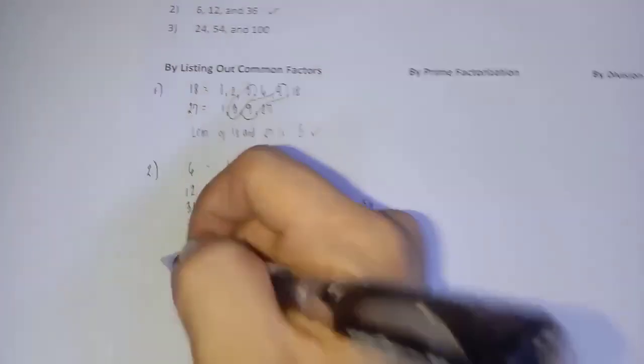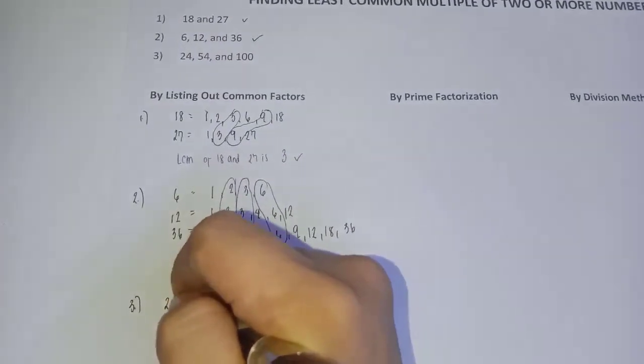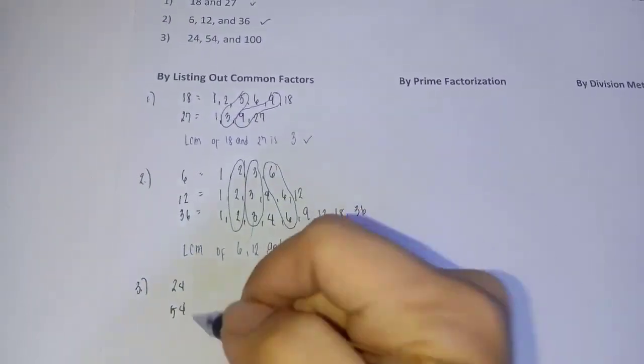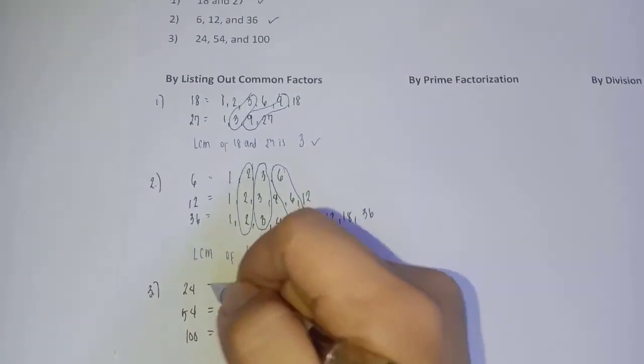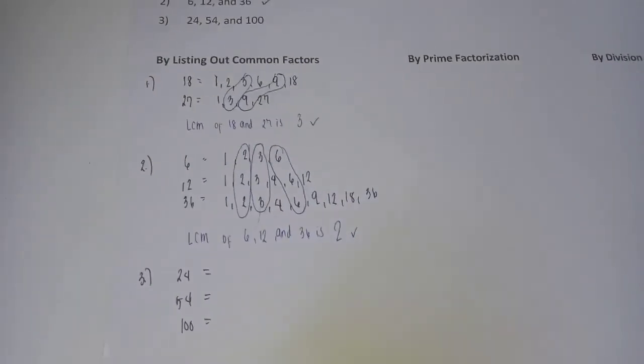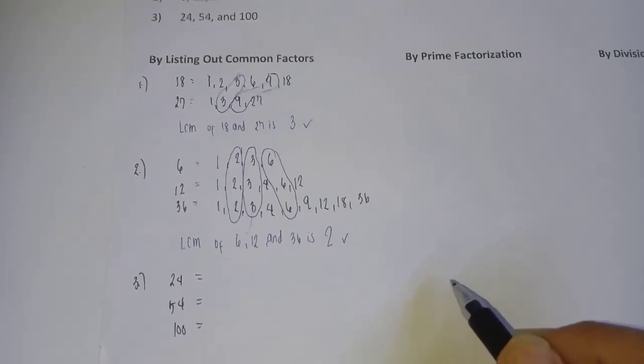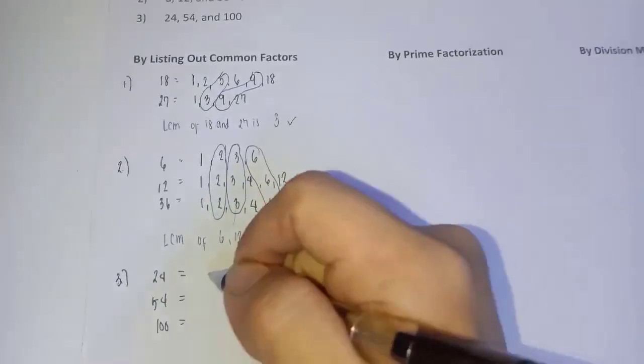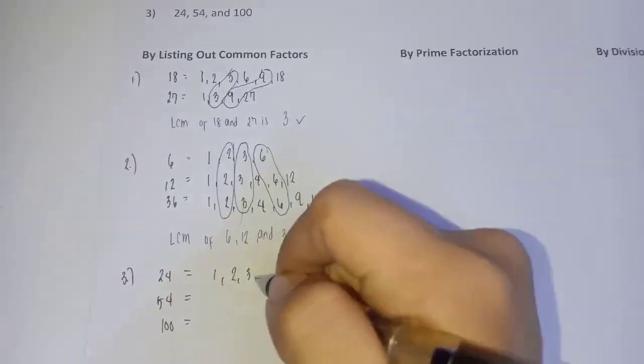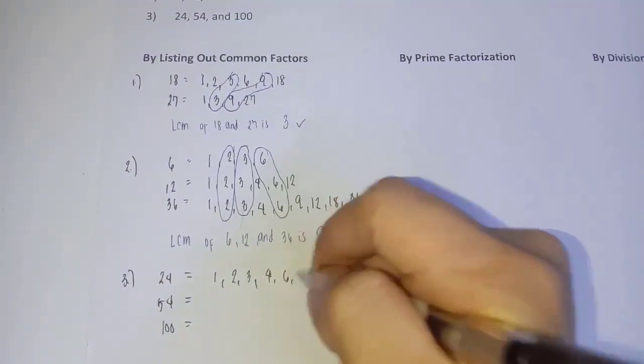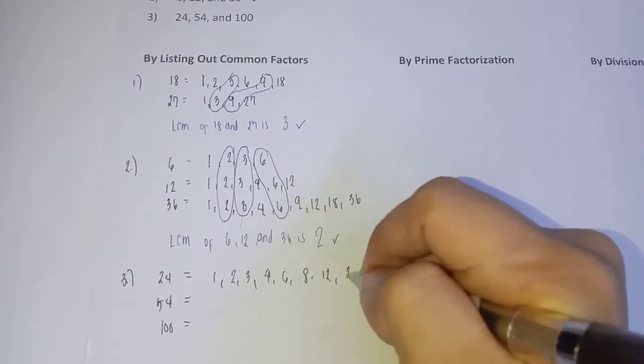For the last item, we have 24, 54, and 100. Kukunin ulit natin yung mga factors ng given numbers. For 24, factors are 1, 2, 3, 4, 6, 8, 12, and 24.